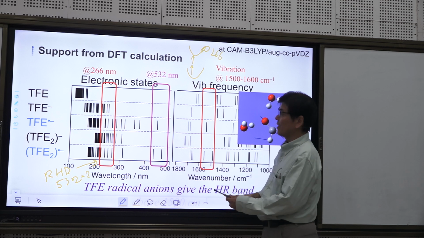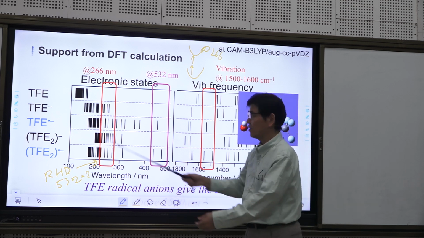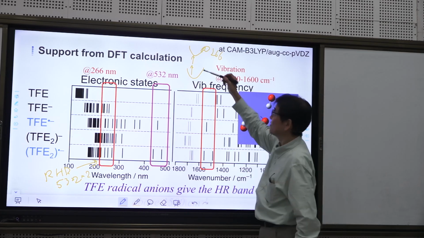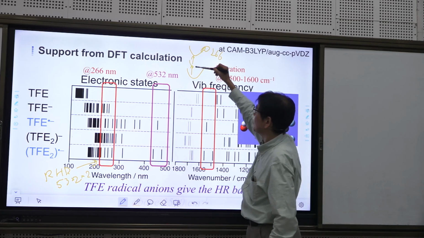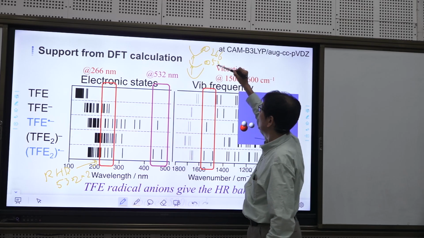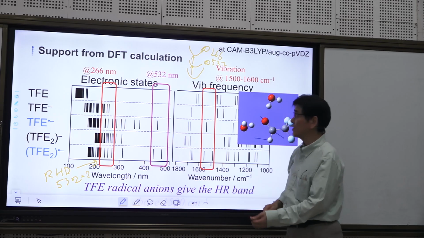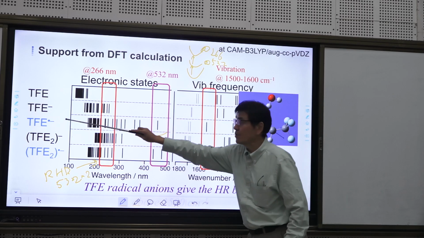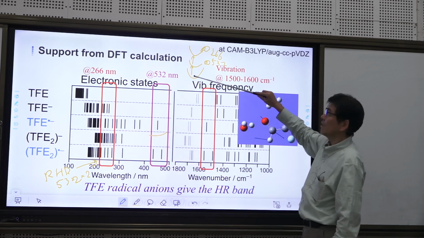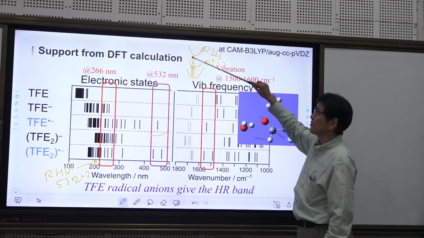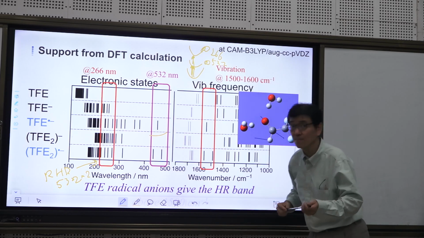Okay, and only in the case of radical anion, there is a real state near 532. That is, these molecules undergo 1 photon resonance and 2 photon resonance, double resonance.